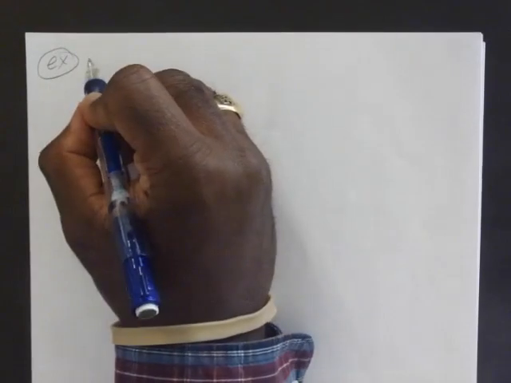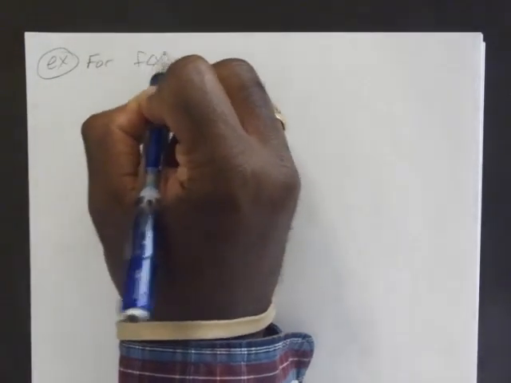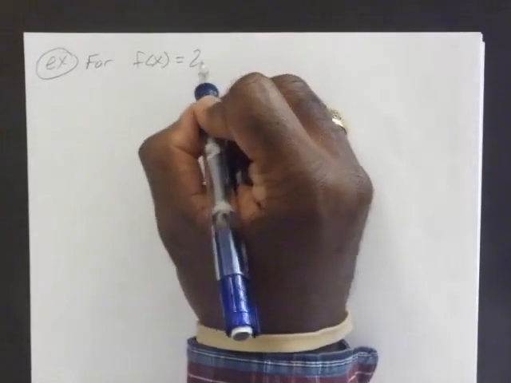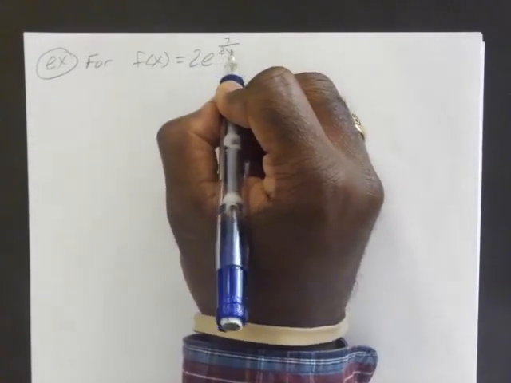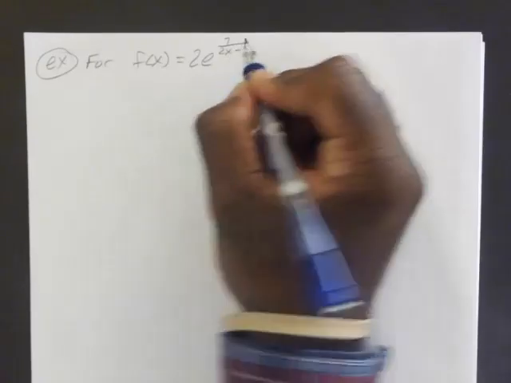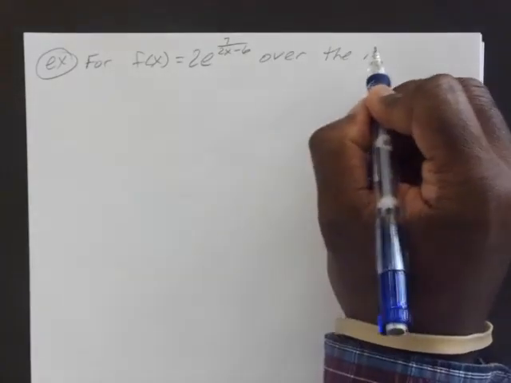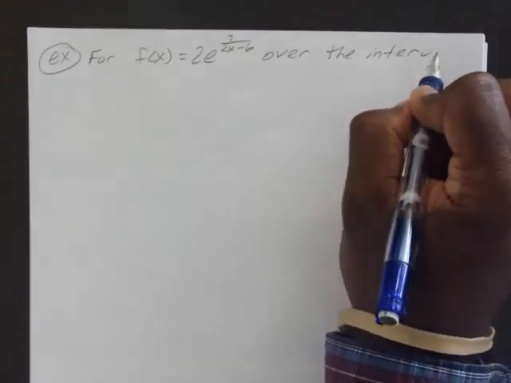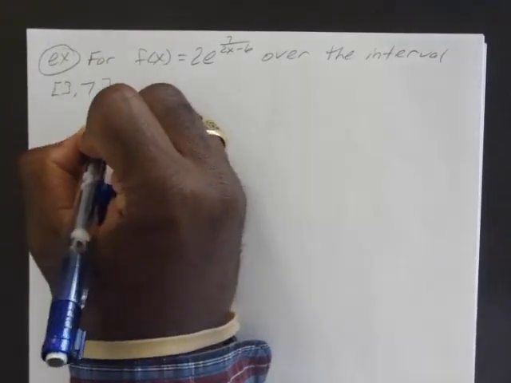Okay, so let's say, for example, we have f of x is equal to 2 times e to the power of 7 divided by 2x minus 6 over the interval from 3 to 7.